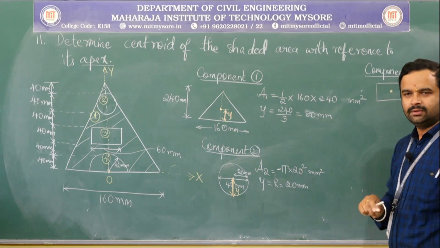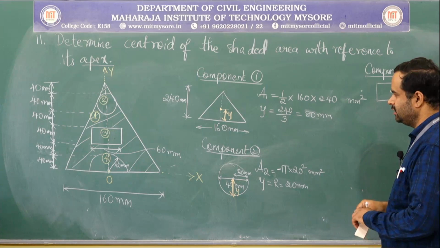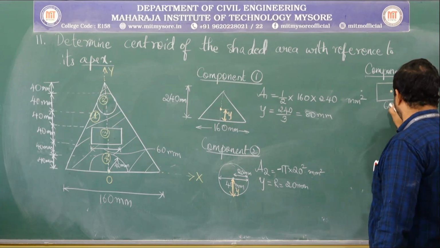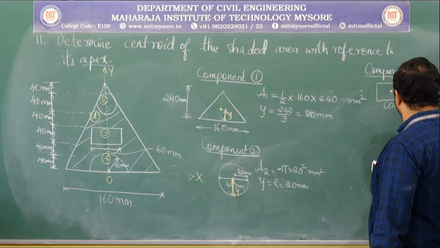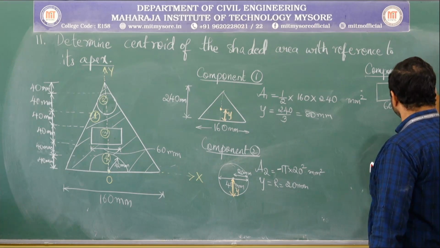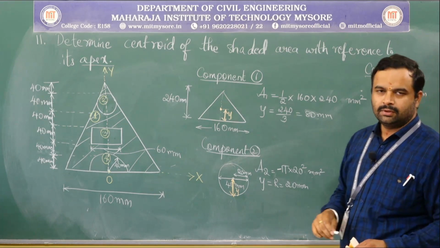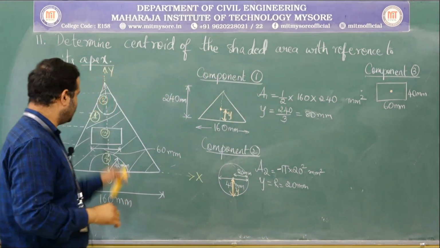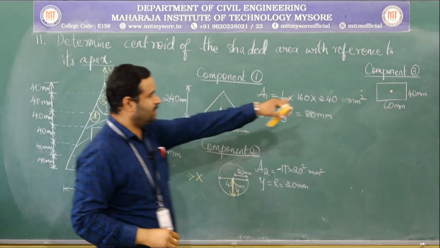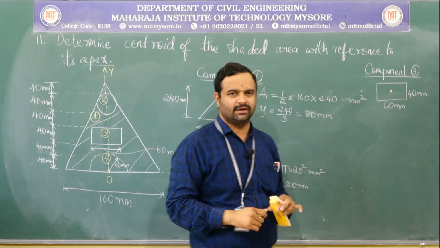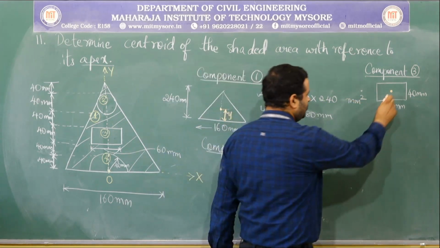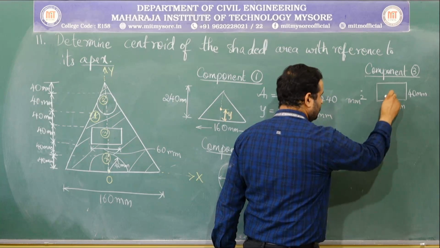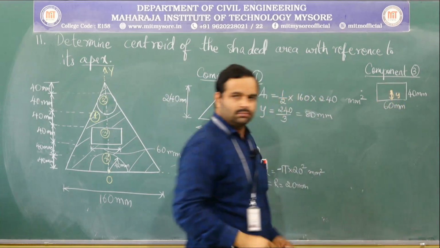Exactly at the center, and the dimensions of this rectangle are 60 mm by 40 mm. Since we do not need to calculate x bar in this problem, we shall not locate its x component here. We shall only concentrate on locating its y component.